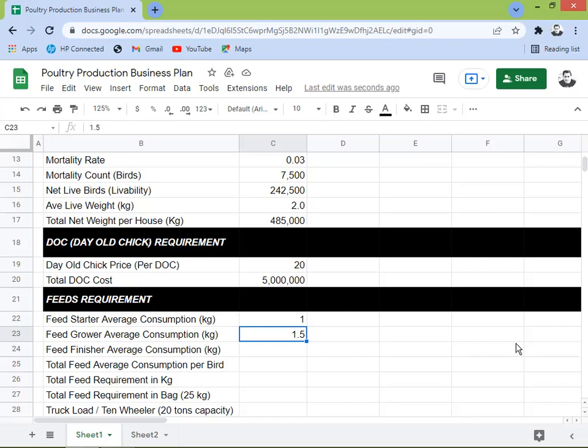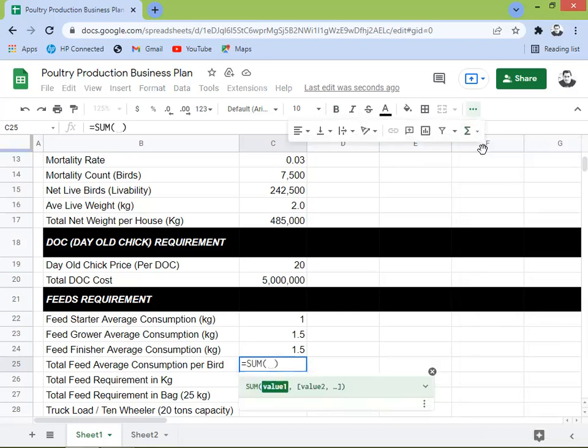So 1.5 kilogram average for the grower, and 1.5 kilogram average consumption for the finisher feeds. So we have a total feed average consumption per bird of 4 kilogram. So I'm going to sum that up.